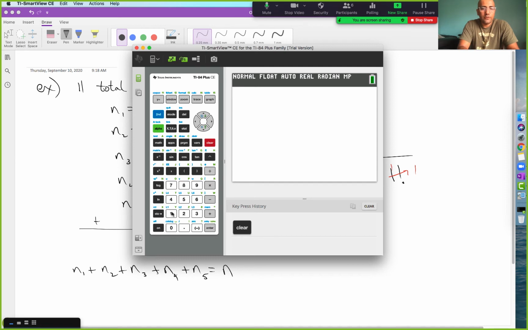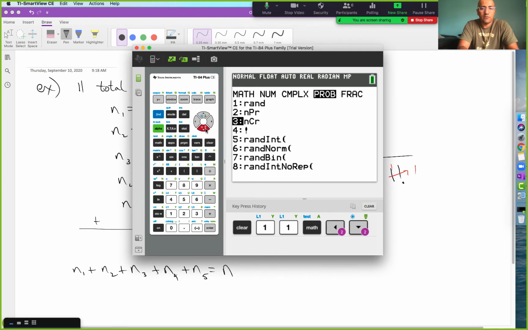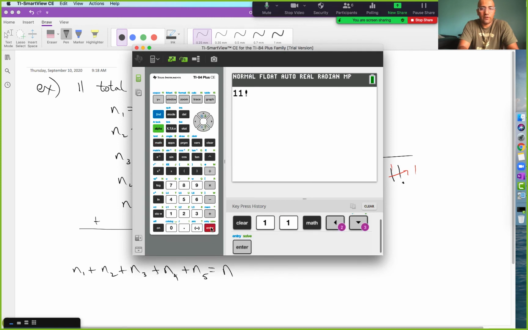Okay, so we want to do 11 factorial. So we go to math, probability, down to factorial, divided by, and now I'm going to put a parenthesis to make sure that all of this gets trapped down in the denominator.